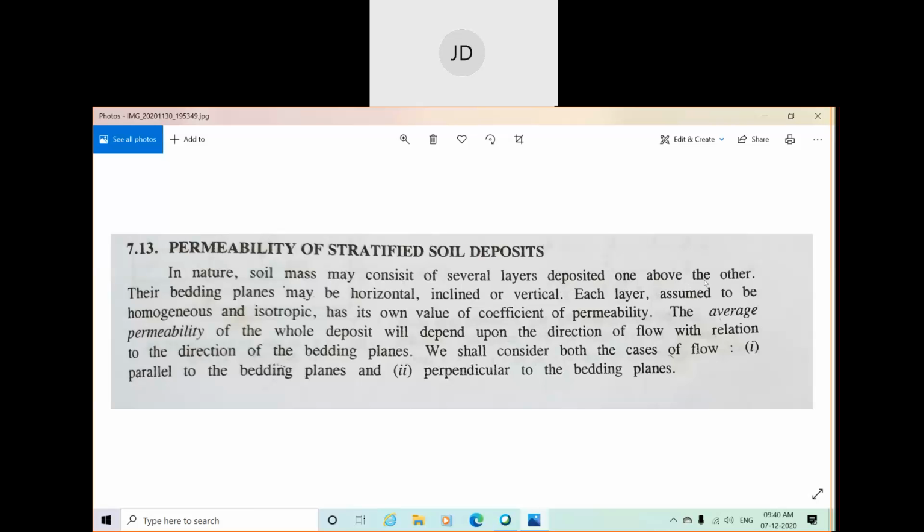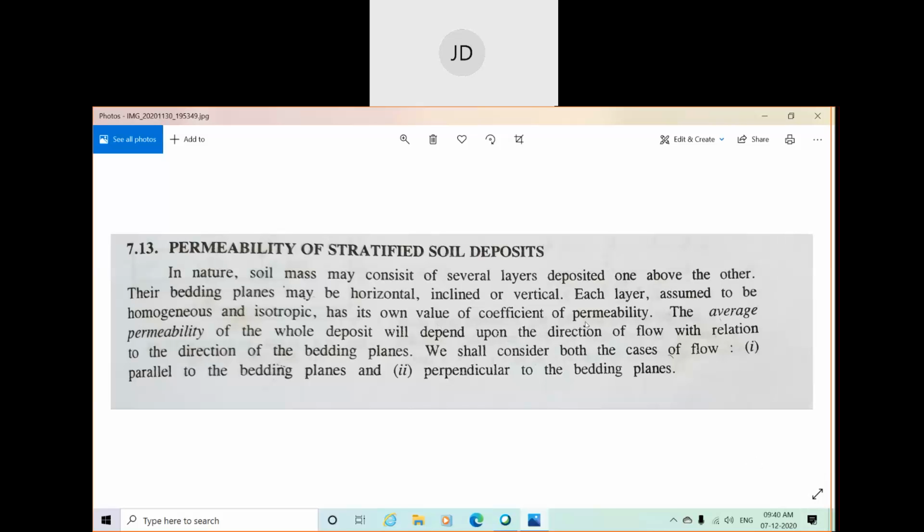So I've already discussed that in the actual site, in nature, the soil exists in different layers. Their bedding planes may be horizontal, inclined, or vertical. Each layer, assumed to be homogeneous and isotropic, has its own value of coefficient of permeability.